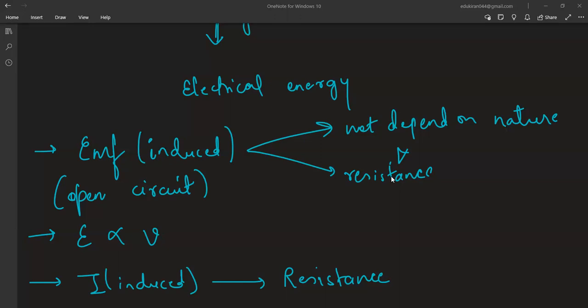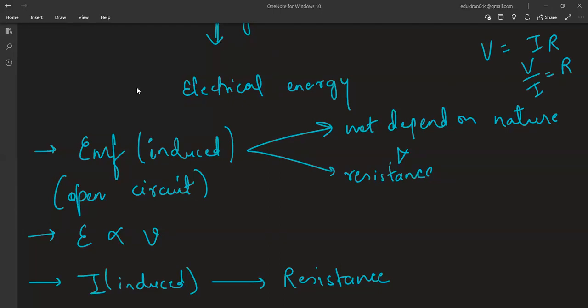The main point is the resistance, because we know according to V is equal to IR, if you go by this law, you know that V by I, the ratio is a constant, that is resistance. So if this isn't present, your circuit will behave as an open circuit.